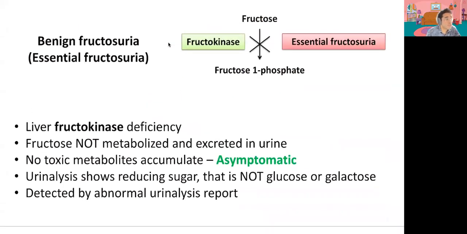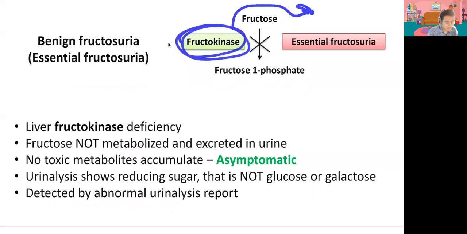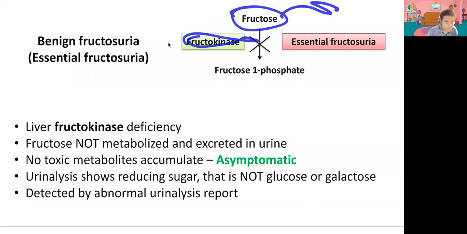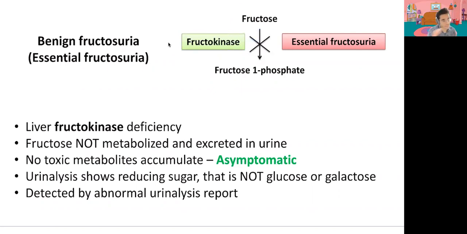Now, benign fructosuria. Let's break apart that word: benign means it's not malignant. Don't worry, no neoplasia here. All you need to remember is that benign fructosuria presents with fructose not being able to enter the cell. Fructokinase is going to be deficient, so fructose is just floating around and eventually gets passed into the urine and excreted.